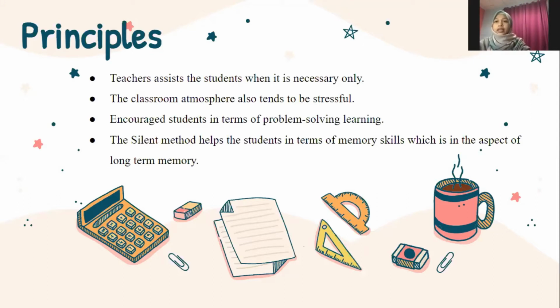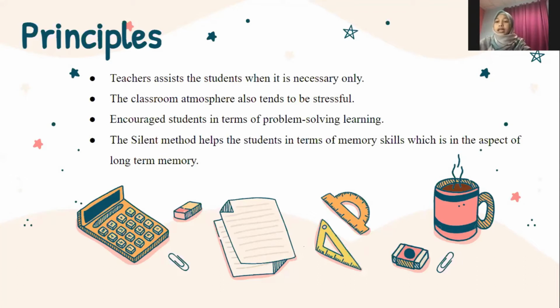Next, the classroom atmosphere also tends to be stressful. Based on the principles, the teacher should start teaching with something that the students already know and build from that to the unknown. The use of critical thinking is allowed in this learning.